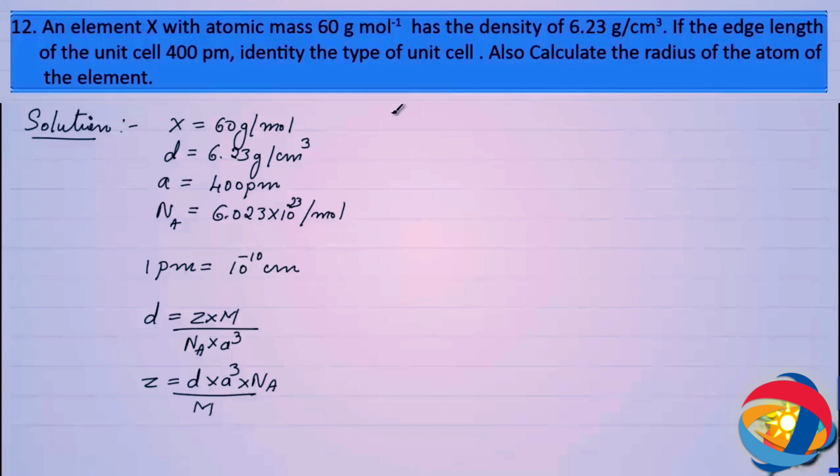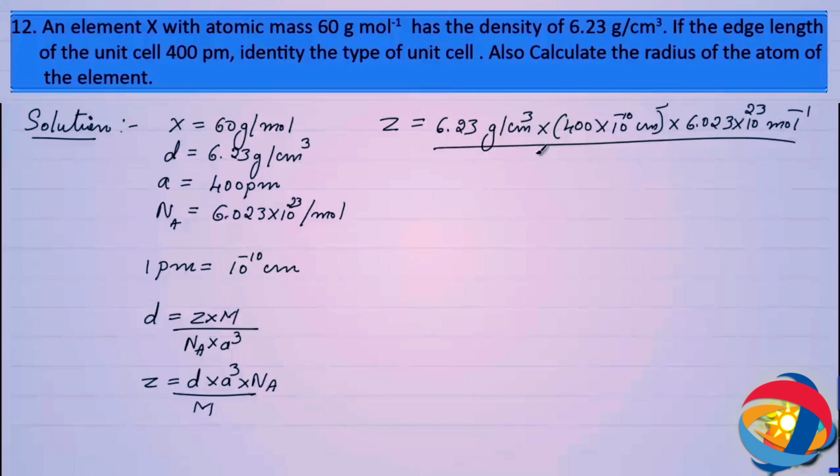Now, by substituting the values, we get Z is equal to 6.23 gram per centimeter cube into 400 into 10 to the power minus 10 centimeter the whole cube into the Avogadro number 6.023 into 10 to the power 23 per mole, all divided by 60 gram per mole.